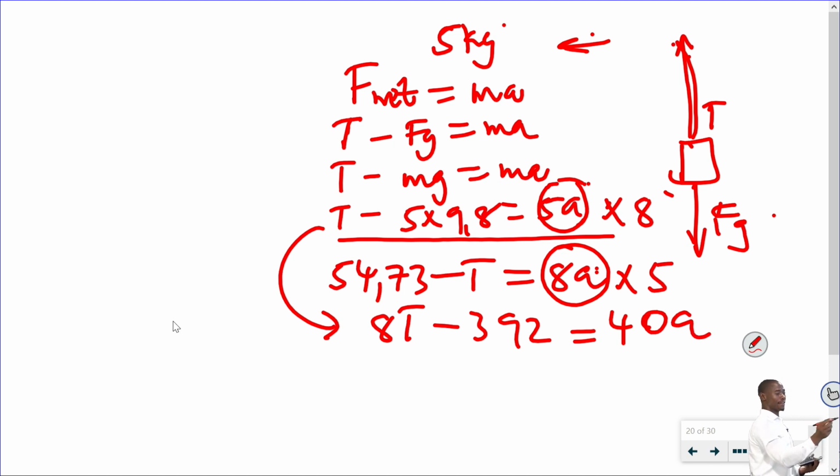Then this one I'm multiplying by 5, right? So it's 5 multiplied by 54.73.